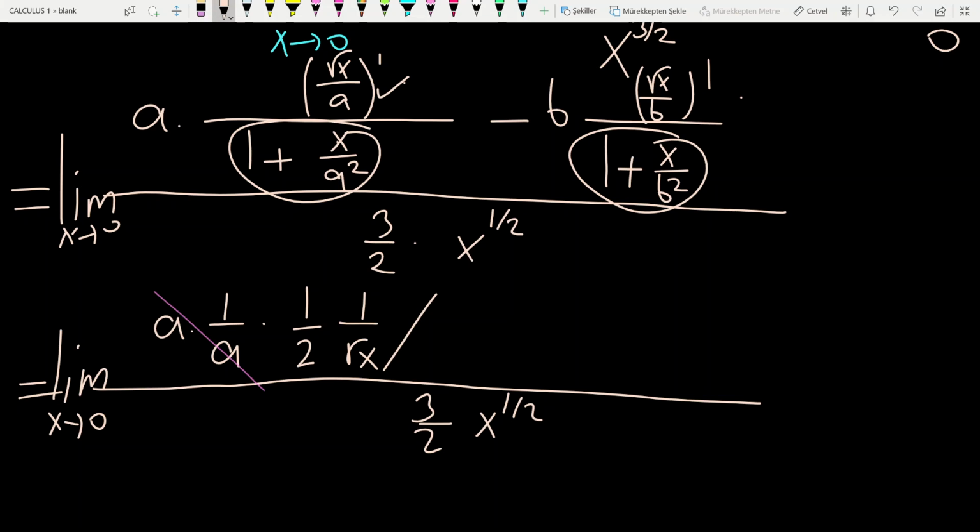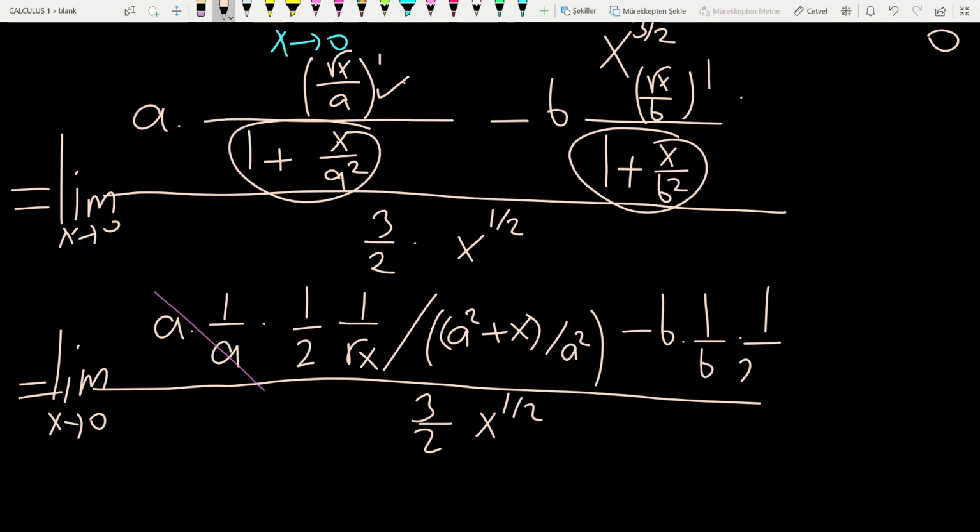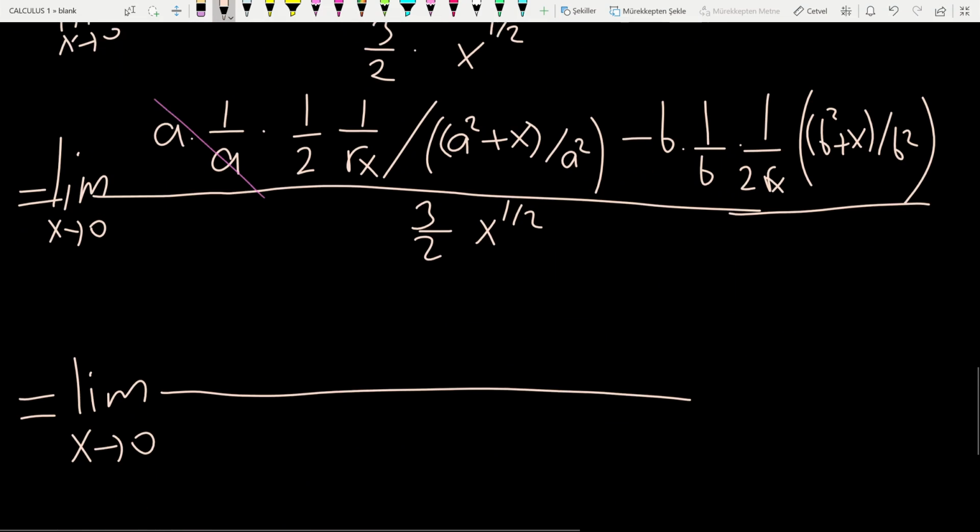And this is divided by a square plus x over a square, minus b times 1 over b times 1 over 2 square root of x. The same thing here, b square plus x divided by b square. Okay, we have this expression. So let's continue.